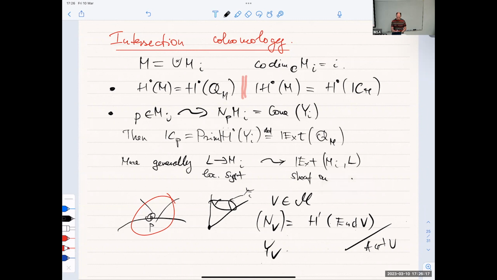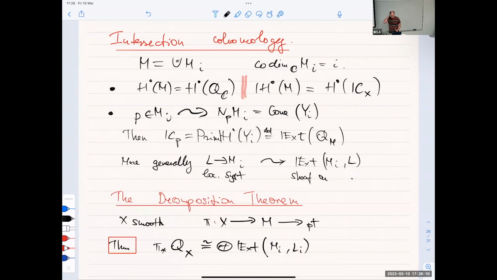So this is one piece of data, and once we get this, then of course these L's are local systems on each M_i that I was explaining.